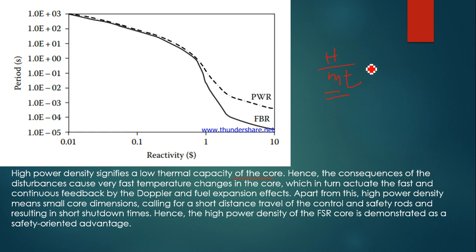So that is very low. Very quickly the temperature will shoot up. So that's why these consequences of the disturbance cause very fast temperature change in the core.